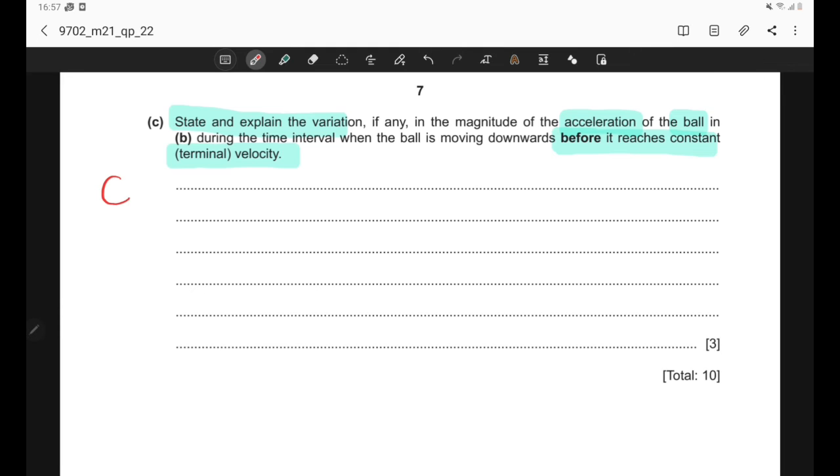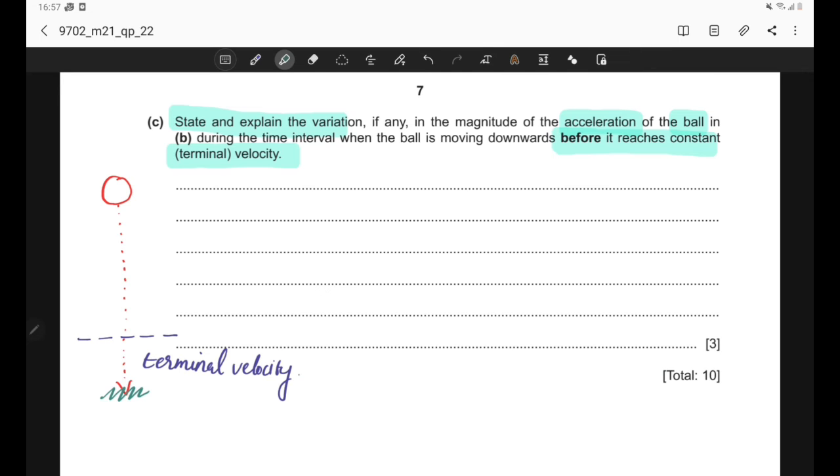The ball is initially at rest, but when it starts to fall down, its velocity increases. But at a certain point, before the ball touches the ground itself, the ball reaches a constant velocity that is known as terminal velocity.